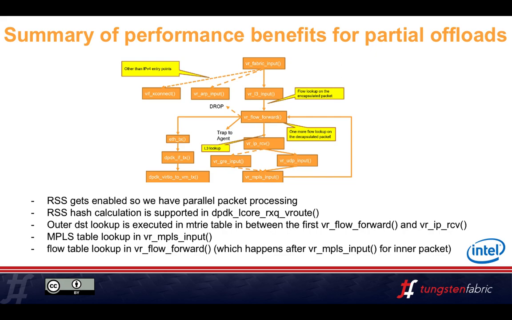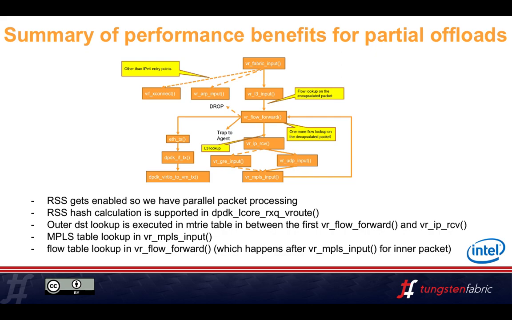In terms of the partial offloads, I said in general that we're skipping some functions. So I'm showing again the slide that I showed before with the lookups. The benefit of introducing the generic offload module is that now we can do RSS for the whole MPLS over GRE and UDP and VXLAN packet.